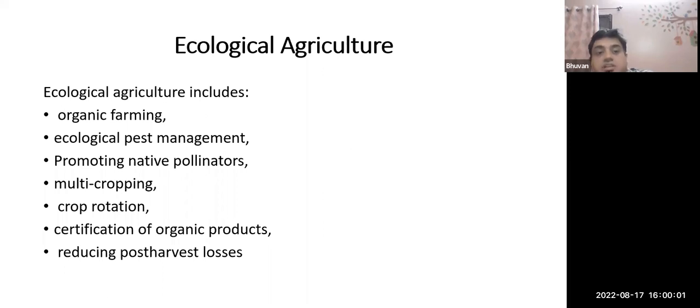Then we have ecological pest management. In this, there are various predators of insect pests which can be employed for their management. For example, I told you about the ladybird beetle, the ladybug beetle. You can see them especially in the months of March and April.